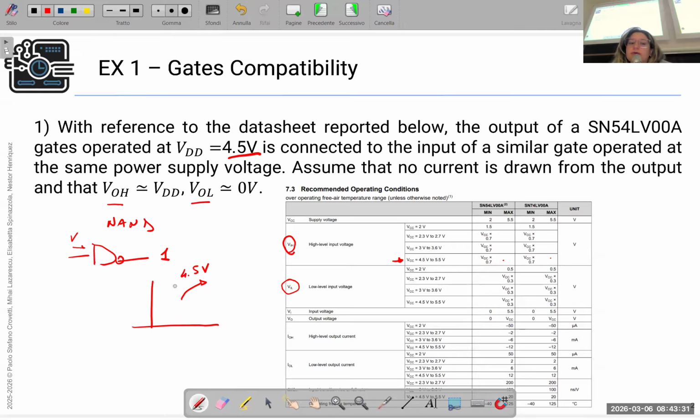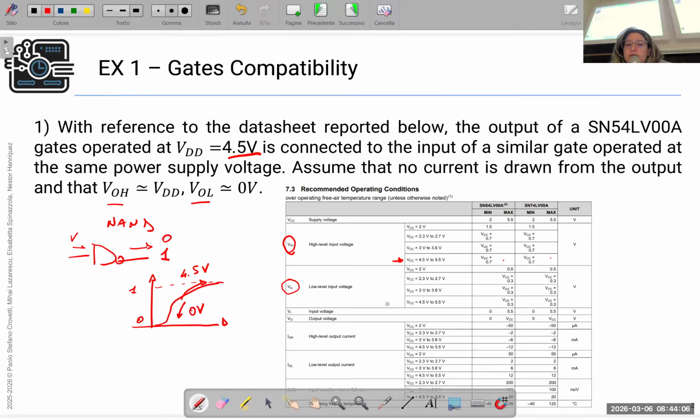In this case, it will read 1. Here is 1, here is 0. If we have VOL, it means that the voltage, since the gate will send 0, must be lower than 0 volt. Okay?